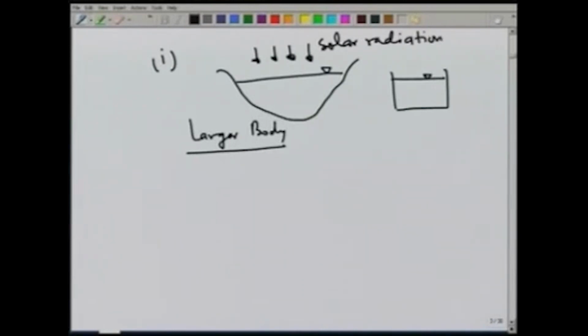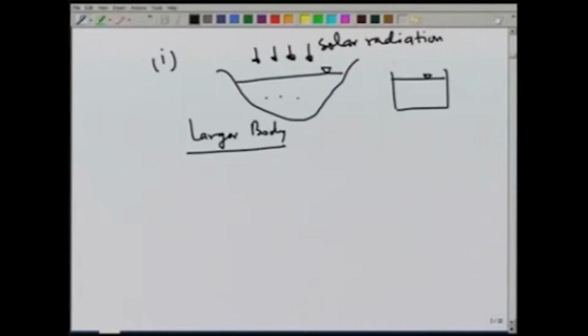Now, this solar radiation is the driving force for the evaporation. So, whatever radiation is coming in, some of it will get absorbed into the water body and will not cause evaporation, will not be available for evaporation.